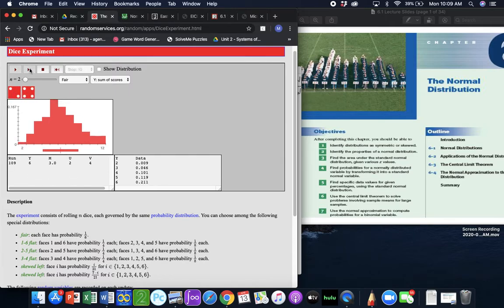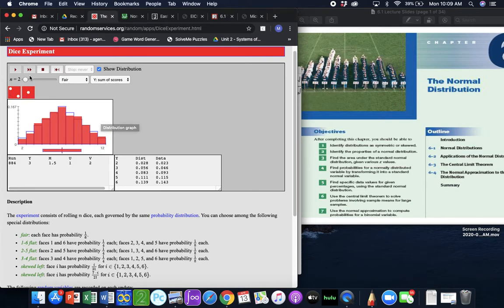The more people I survey, the more and more it's going to mimic that bell-shaped curve. I'm just doing a continuous one now. As I survey more people, it's eventually going to end up with that bell-shaped curve.